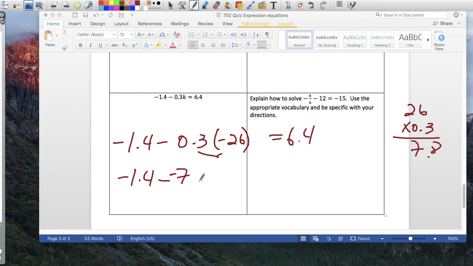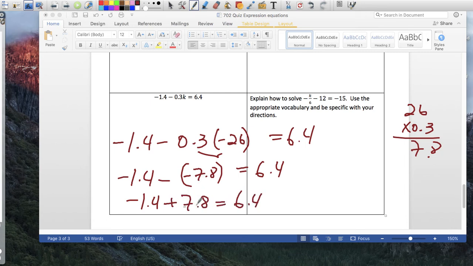Negative 7.8, by the way. So I'm going to write negative 7.8 equals 6.4, and I'm going to change this to addition, right? So plus, and this becomes also plus. And 7.8 minus 1.4 is 6.4. Okay. Last question.